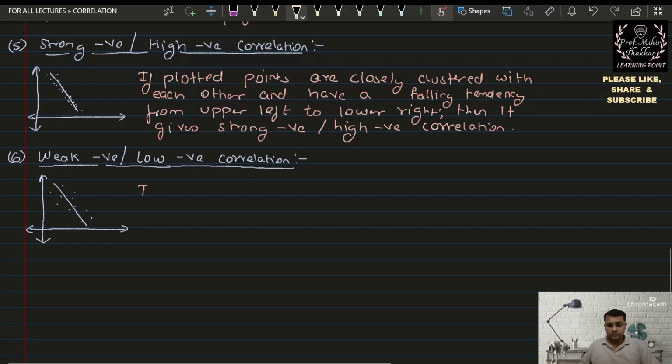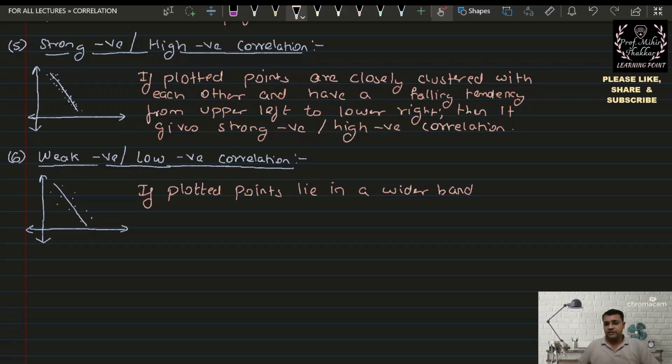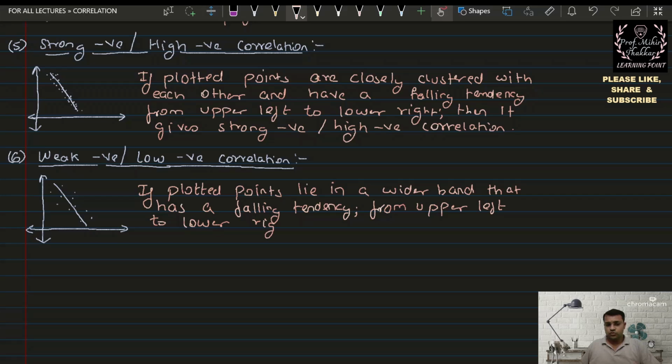So we will write over here: if plotted points lie in a wider band that has a falling tendency from upper left to lower right, then it gives weak negative or low negative correlation.